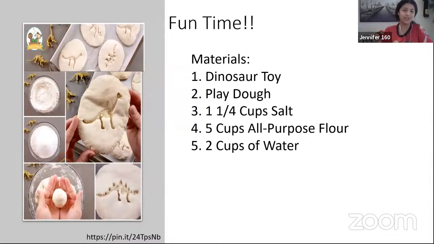You can either use Play-Doh if you don't want to make the salt dough, or air-drying clay.